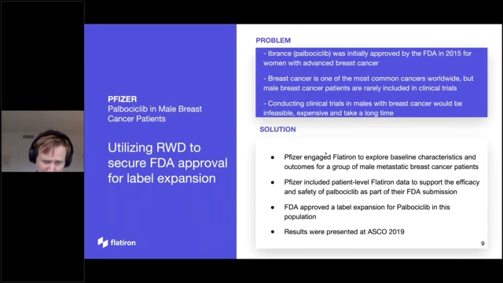FDA last year approved a label expansion for palbociclib based on this population, and Pfizer presented the results at ASCO 2019. So this is one of the cases that shows what aspects are important for regulatory agencies to evaluate in label expansion, looking at adverse events and any potential differences in outcomes based on the new population that's under study.